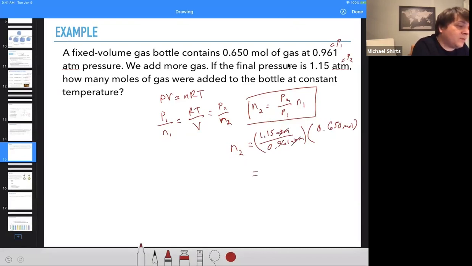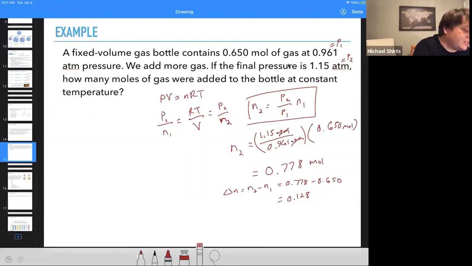Our answer is going to be in moles as we want it to, 0.778 moles. So that is the final number of moles, but it's not actually the answer because the answer said how many moles of gas were added. So the change in number of moles, which is what we want, which is N2 minus N1, which is going to be 0.778 minus 0.650, and that is 0.128 moles.